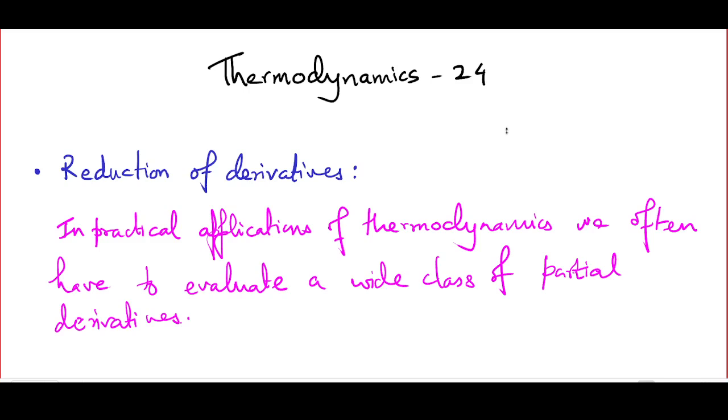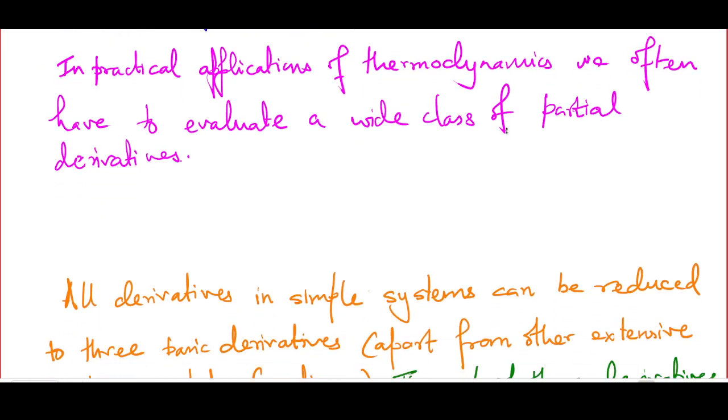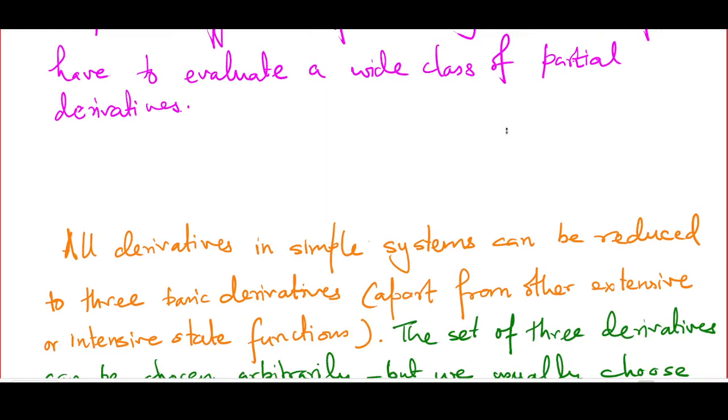We have managed to reduce them to simple expressions, and indeed what we will find is that all derivatives in simple systems at least can be reduced to three basic derivatives apart from other extensive or intensive state functions.